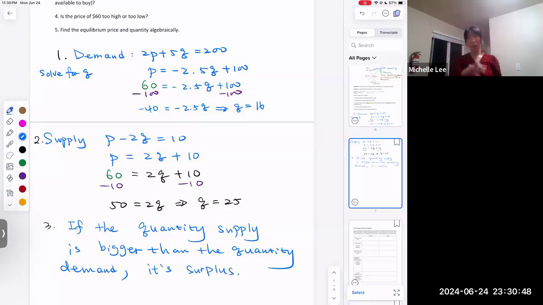And then the other way, it's a shortfall. Shortfall. Okay.